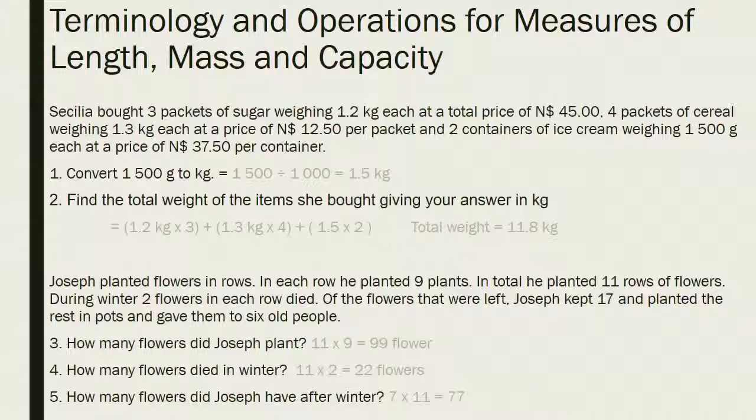It has 9. That means 9, 9, 9, until the 11th row, they all have 9 plants. So if you say my 11 rows have 9 plants each, then it will give you the total number of all the flowers that were planted.